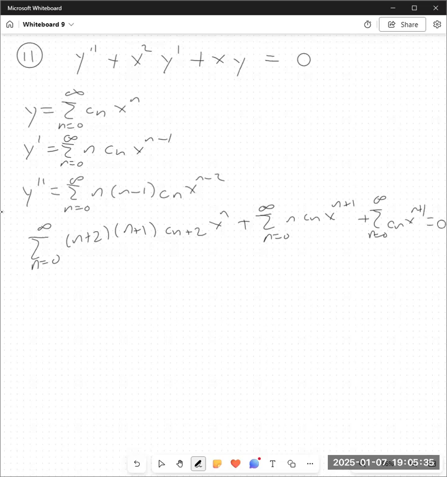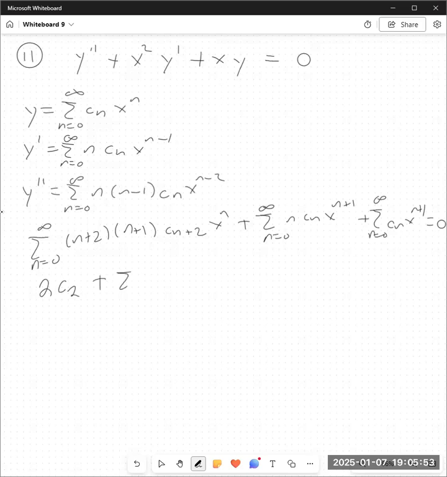So I've got two of them that start at 0 with x to the n plus 1. This one starts at x to the n, so I need to get rid of this 0th term here: 2 times 1 is 2, C2 x to the 0.